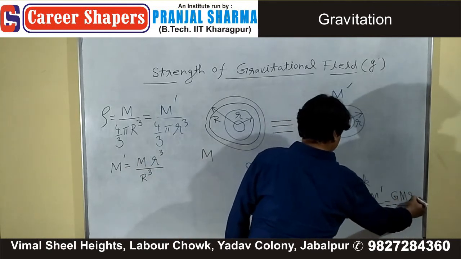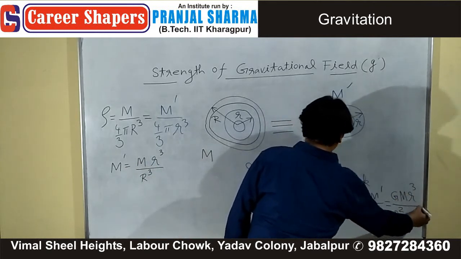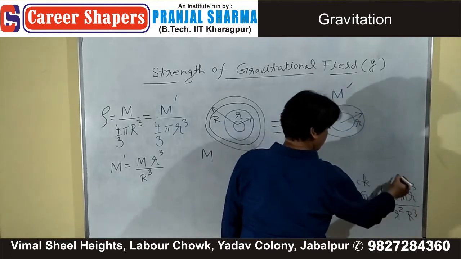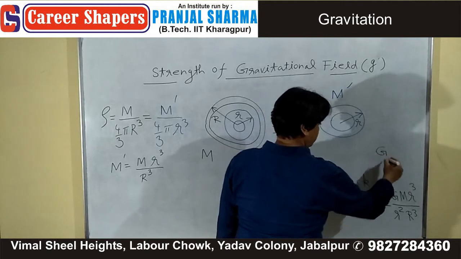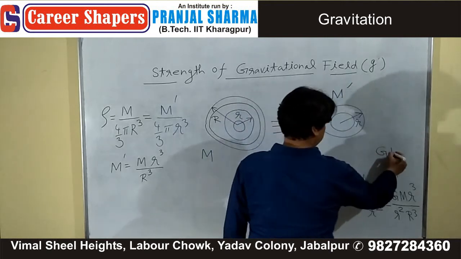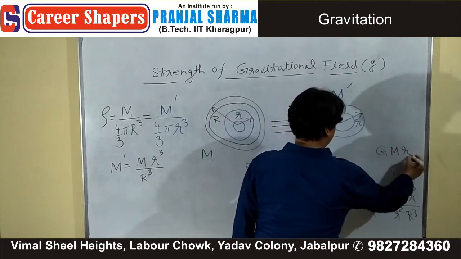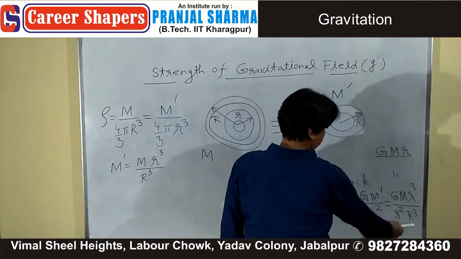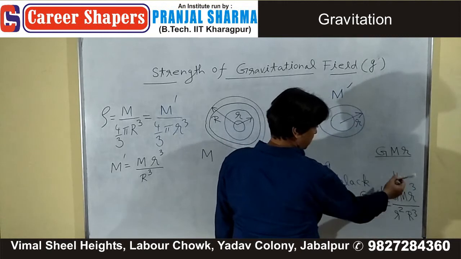M times r cube divided by R cube, which is G M r divided by R cube. That is r.